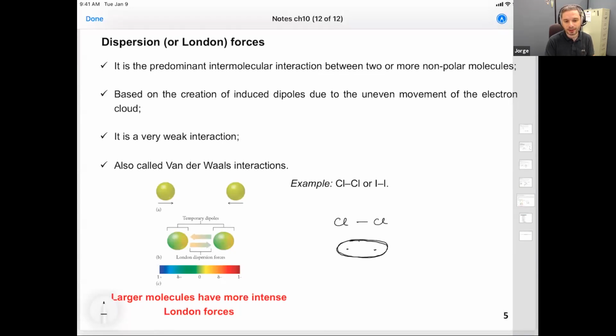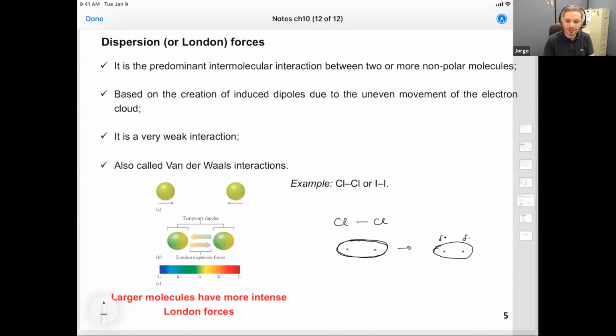However, keep in mind that the electrons are not static, so they are moving all the time. And then, for some reason, at a very small fraction of time, we may have a slight accumulation of the electron cloud on one side of the molecule, creating a very small delta minus and delta plus.